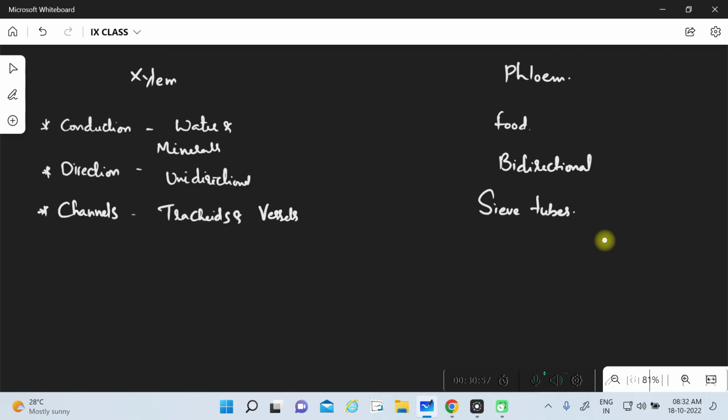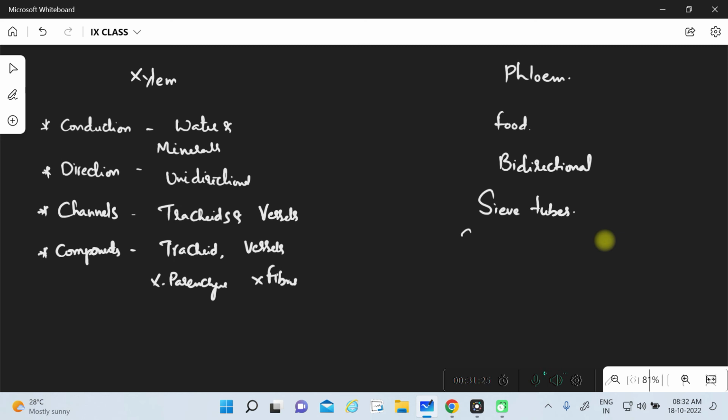And when we see the components present in both the tissues, xylem consists of tracheids, vessels, xylem parenchyma, and xylem fibers.